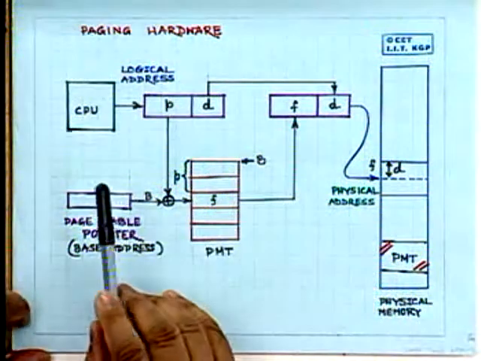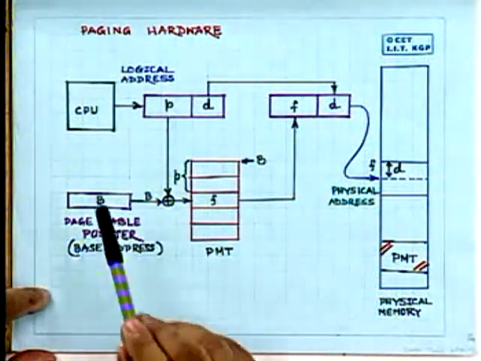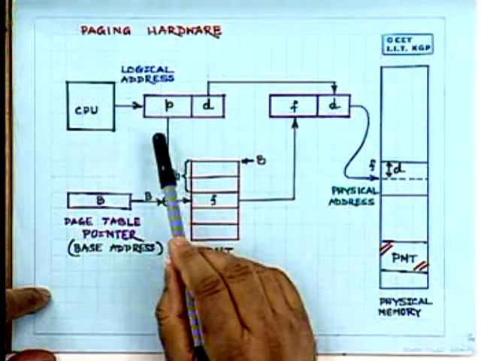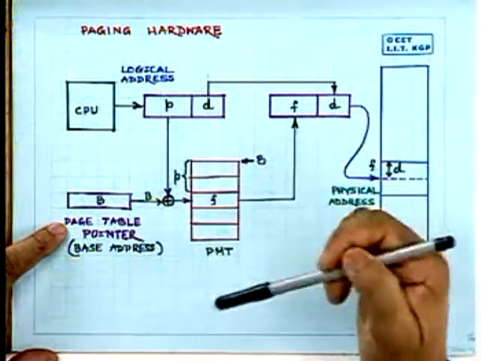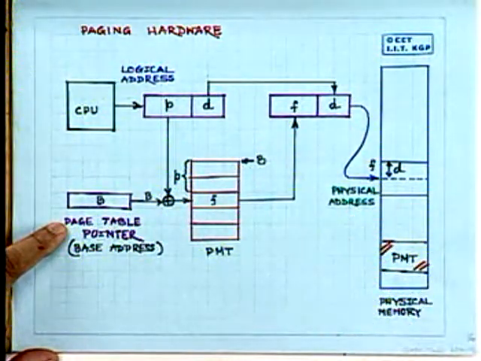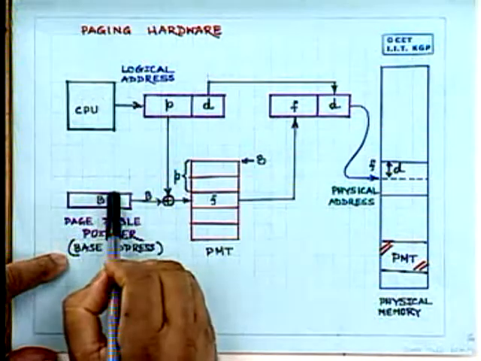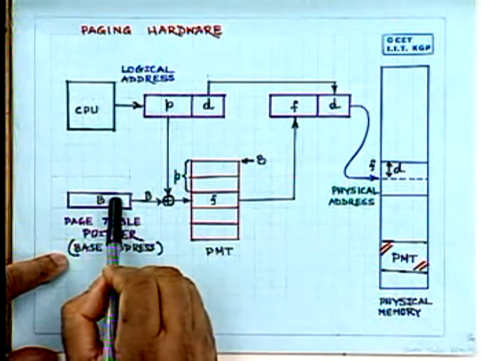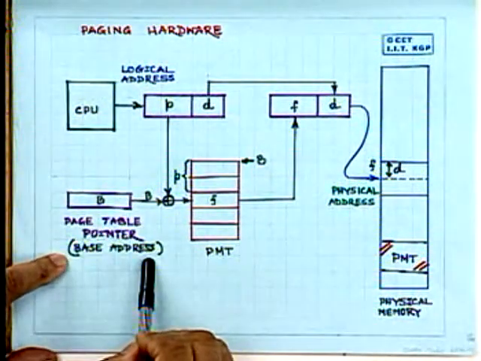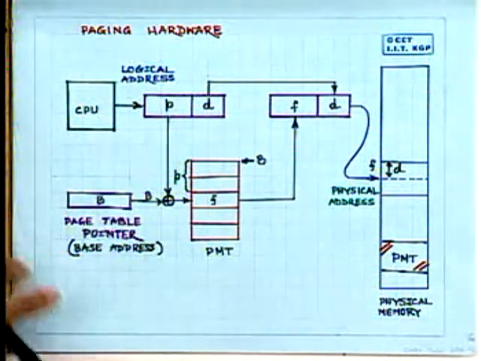Whenever the operating system switches to a particular process, it consults the table of page map table pointers. The corresponding pointer value, that means the base address of that page map table which is in the memory, is taken and is loaded into this page table pointer or page table base address register. This is a register.